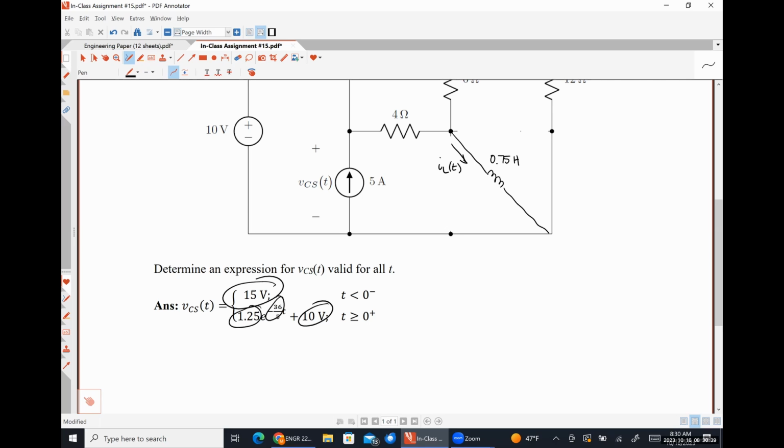Now, I do want to give you guys a heads up. Web work assignment number 15, which is the one that's opened up today, the circuits in there are large and convoluted, as anybody who has looked at it will see.